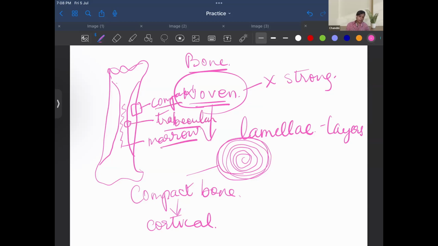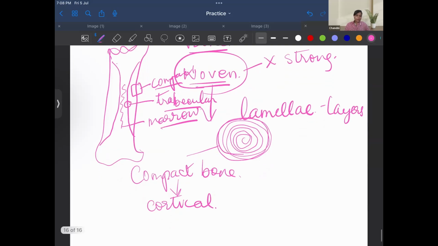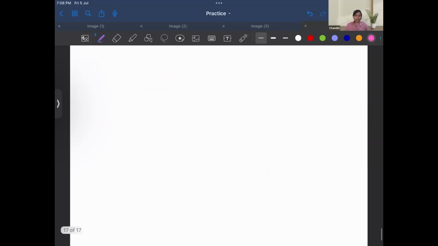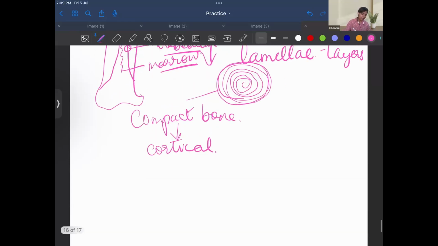Now, when you have a question that will come for your exam saying, draw a diagram and explain TS of bone or compact bone or cortical bone, this is what you have to draw. Now, if I take a section of this bone like this, okay, it will look rounded, right? With the marrow cavity inside.